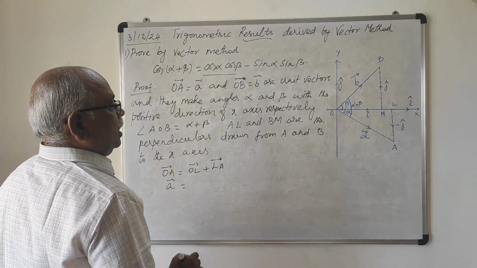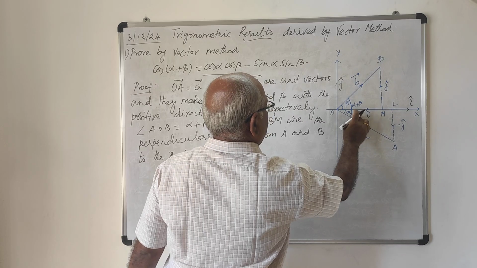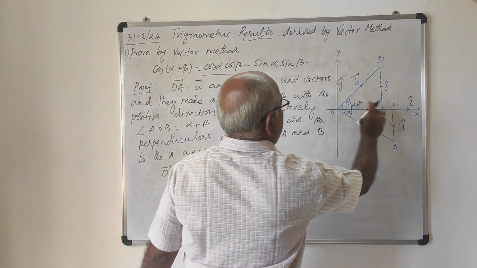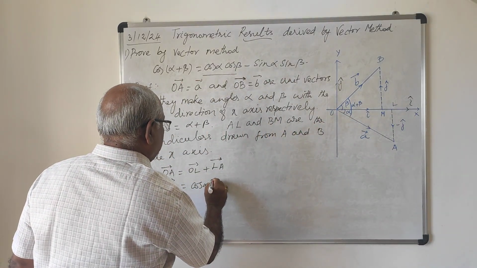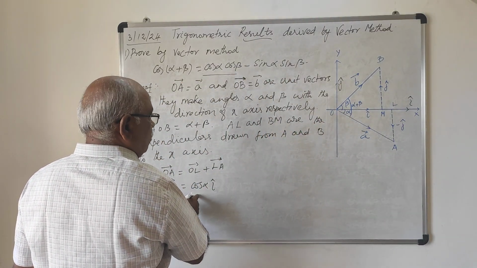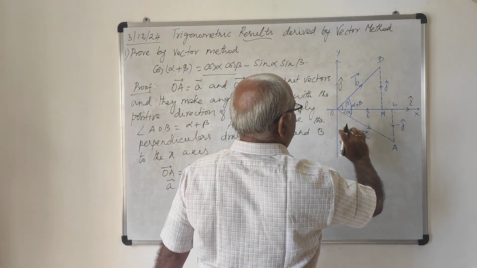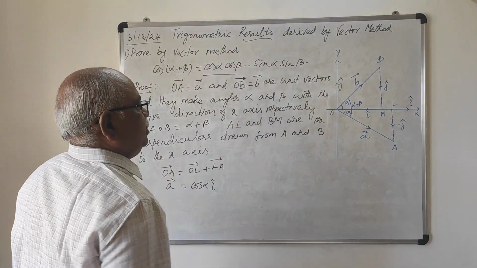OL is the adjacent side of angle alpha, in the direction of the x-axis. Therefore OL is cos alpha into I, and LA is the vector parallel to the vector J but in the opposite, negative direction of J.